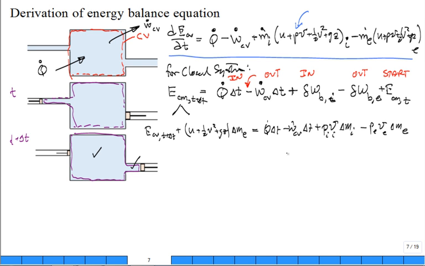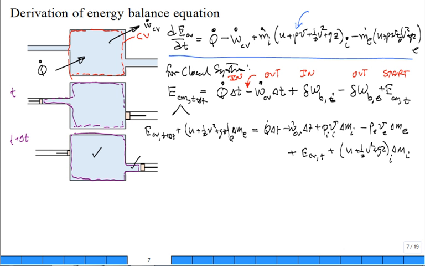Plus, the energy in the control mass at time t is the energy in the control volume at time t plus u plus 1/2 V squared plus gz times delta m inlet. And these are all inlets, and that's all exits.